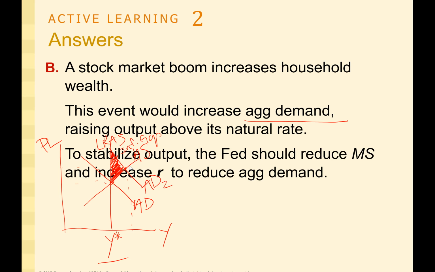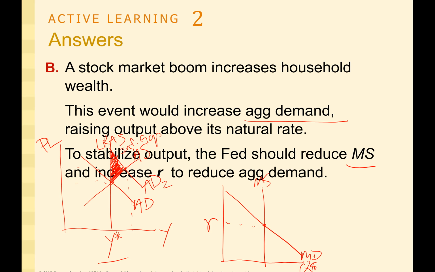To stabilize this, with this inflationary gap and inflationary pressure, the Fed's response is going to be to reduce the money supply. They want to take that inflationary pressure away. This is the market for money, so a little different here, and this is the interest rate, because we're talking about the price of money, or the use of money, and the quantity of money.